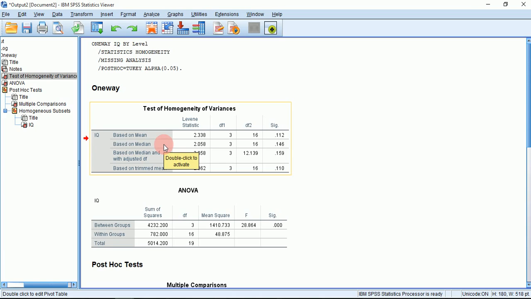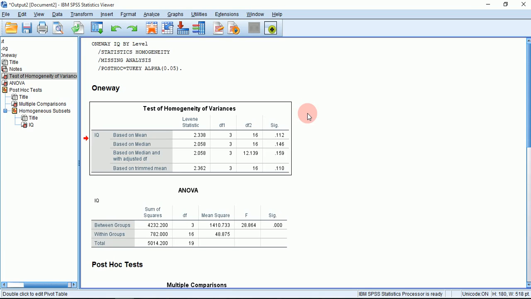And we have to look at the significance value of the homogeneity of variance test. The rule here is that if the significance value is greater than 0.05, then we are sure that the dataset is holding homogeneity of variance, or the variances of the 4 groups are equal or equivalent.